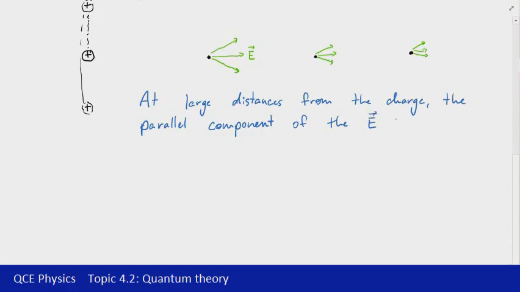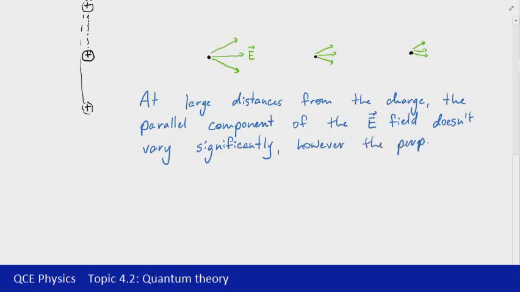That's not really going to change, and so can be treated as being a negligible change. Instead it's going to be the perpendicular component that we're really interested in. The perpendicular component will change.